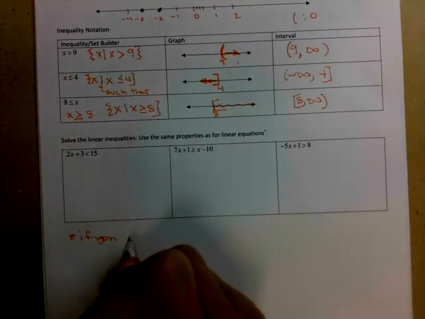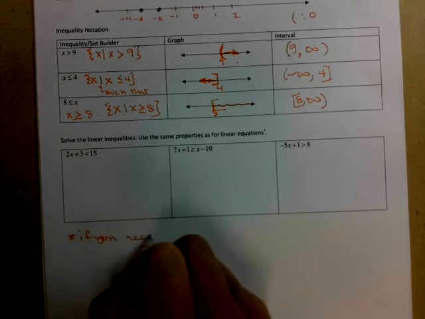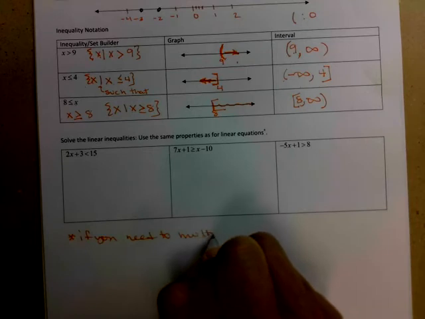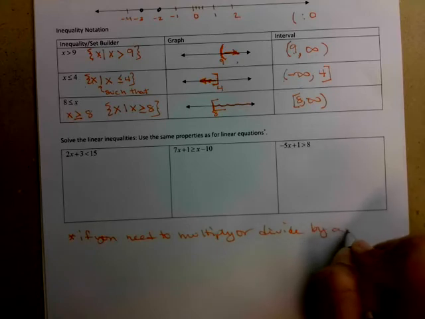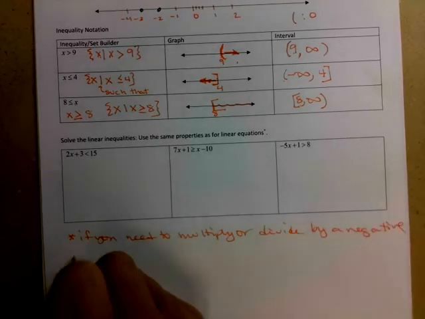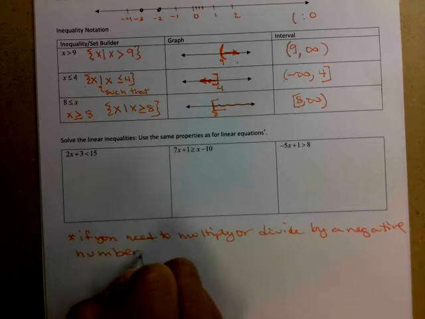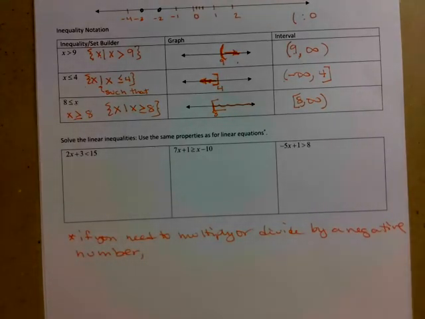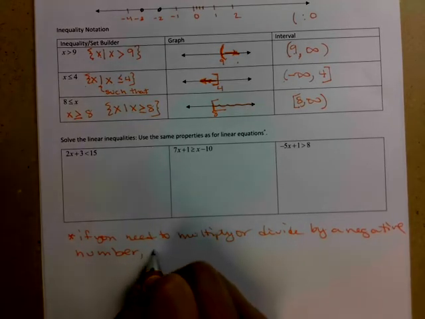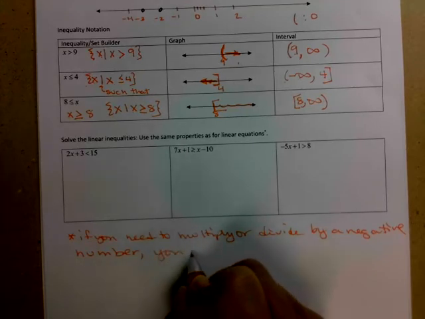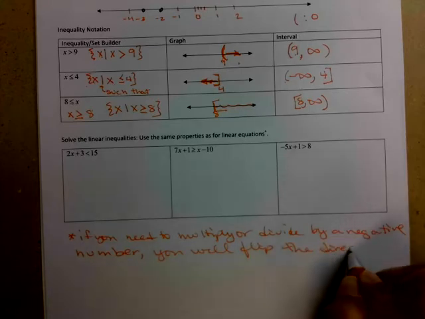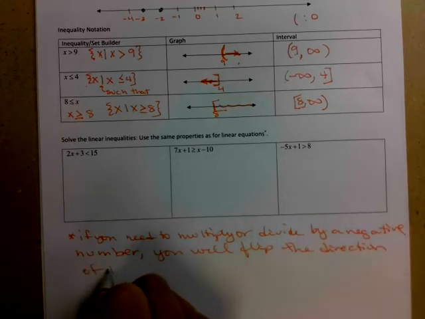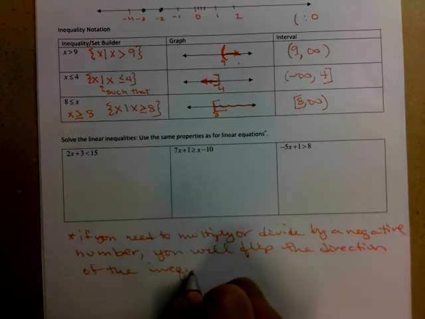If you need to multiply or divide by a negative number, so in your solution strategy you multiply both sides by a negative number or divide both sides by a negative number, you will flip the direction of the inequality.